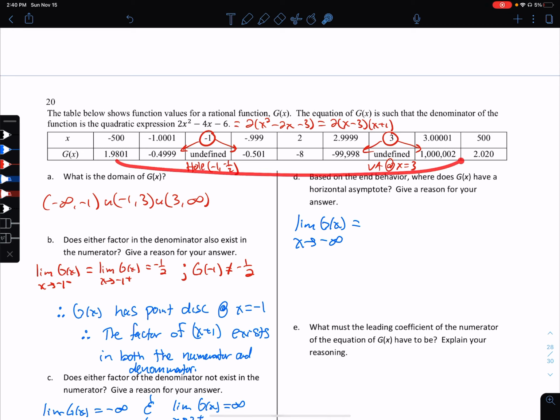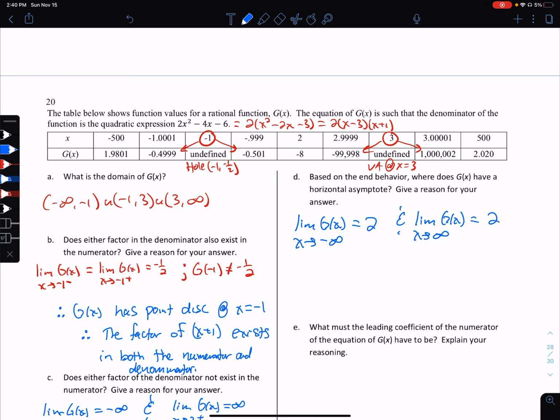If you split the difference, they look like they're getting closer to 2. It'd be reasonable to say it's approaching 2. The limit of g of x as x approaches infinity would be 2 as well. And therefore we can conclude that g of x has a horizontal asymptote at y equals 2.